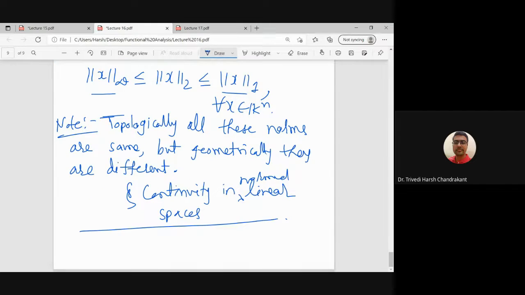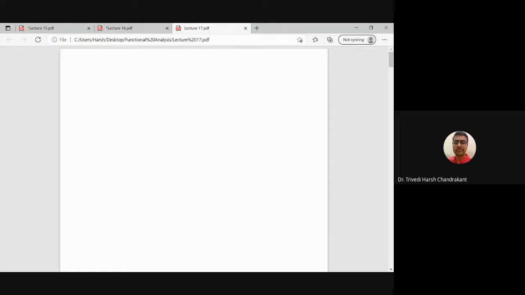Whenever we have a non-linear space and a continuous function, we know that to check continuity we can use the definition of sequential continuity. Right, so let's recall the definition.